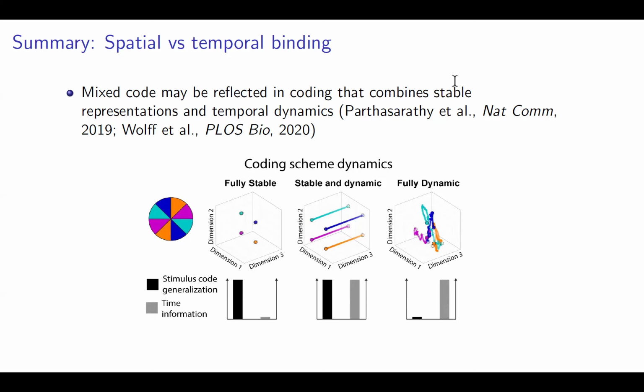But even more recently, there have been several studies that have indicated that there still are stable subspaces in these representations, so that you can still stably decode the features, even though there's also dynamics happening there. So the representation does change, but only some aspects of it, and there are some activation patterns that remain stable.